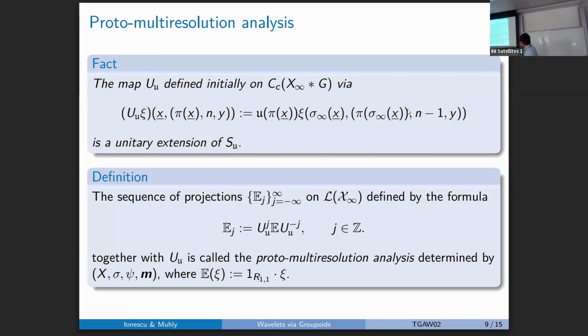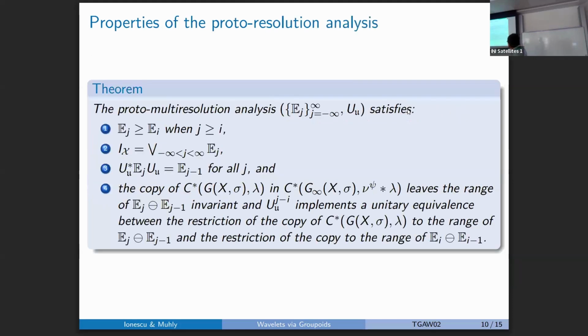And we call this the proto-multiresolution analysis determined by this parameter X, sigma, psi, and M, because they are the source of pretty much all the multiresolution analyses that we know in the literature in the following sense.